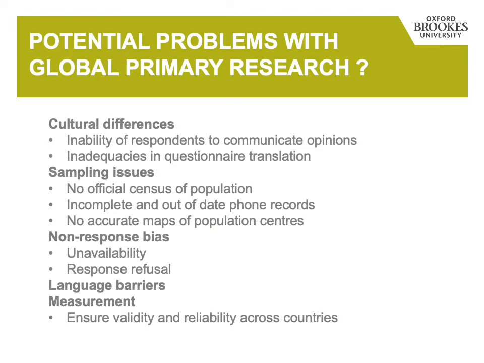Potential problems with global primary research. Cultural differences. Inability of respondents to communicate opinions. Inadequacies in questionnaire translation. Sampling issues: no official census of population, incomplete and out-of-date phone records, no accurate maps of population centers.